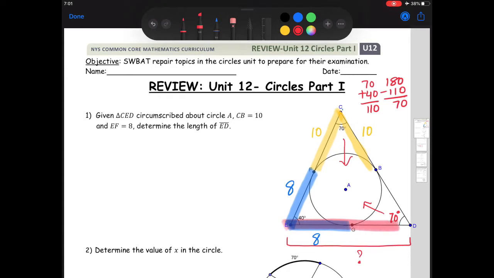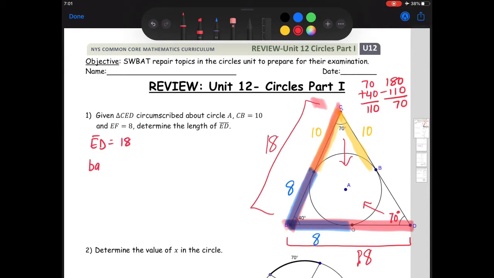So I'm going to highlight it. So this side is congruent to this side. So I know the length of this side is what? 18. So this side is also going to be 18. So length of ED is equal to 18. And what's the reasoning?